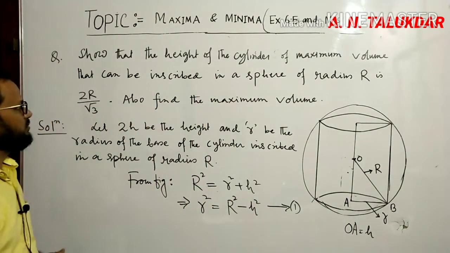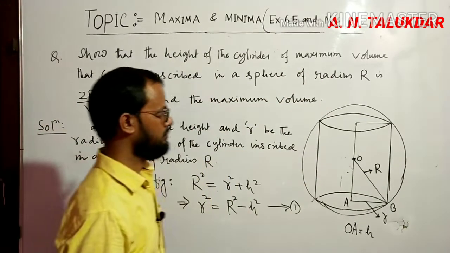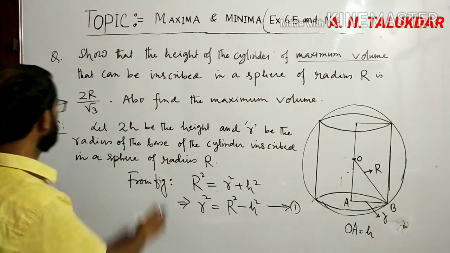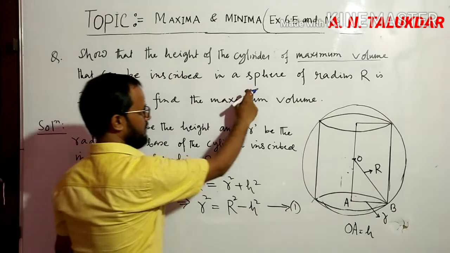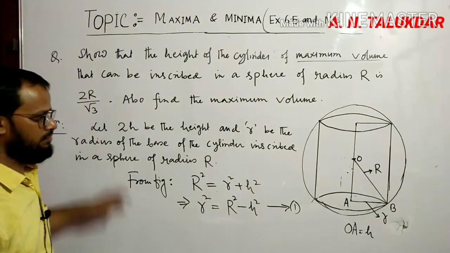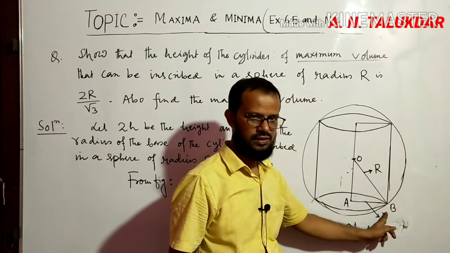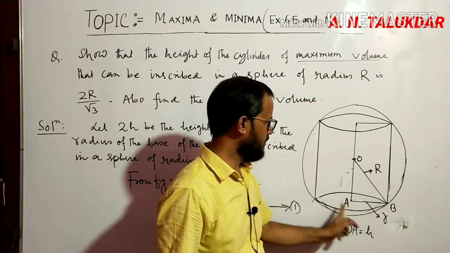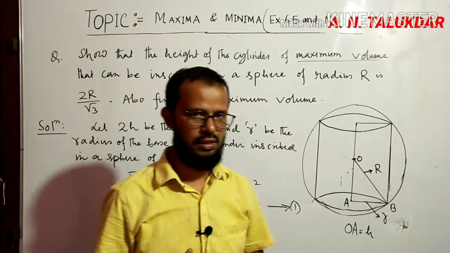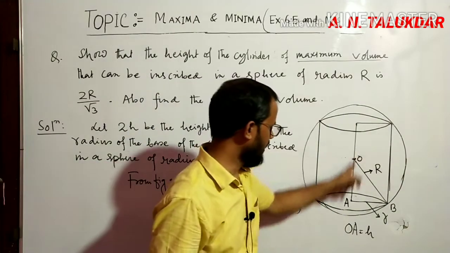The problem is: show that the height of the cylinder of maximum volume that can be inscribed in a sphere of radius r is twice r by root 3. Very important, maximum volume. That means there is a sphere whose radius r is given, fixed, and inside this sphere you are going to draw many types of cylinders with different heights and different base radii.